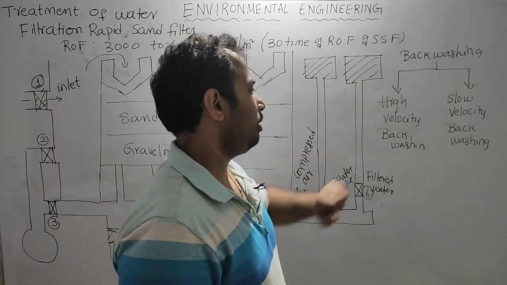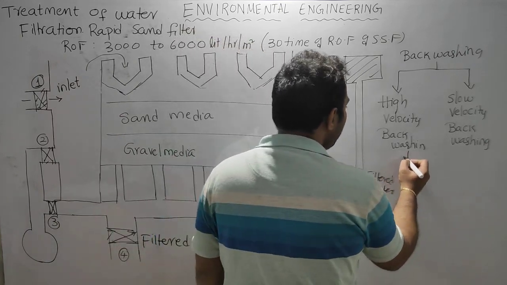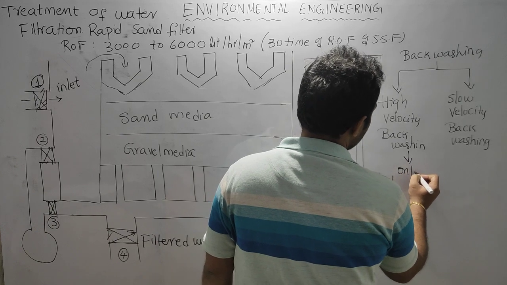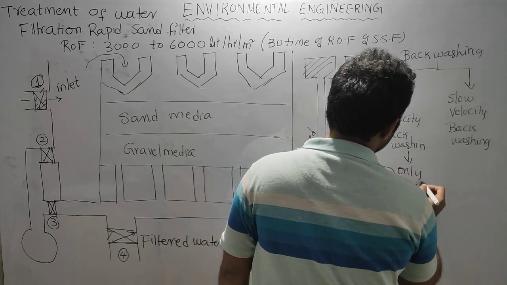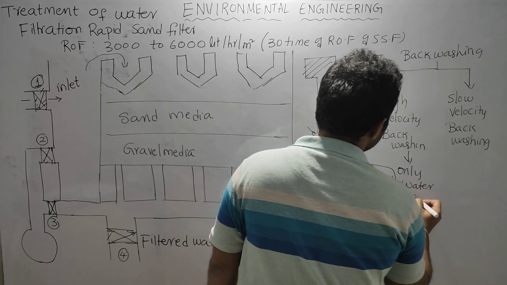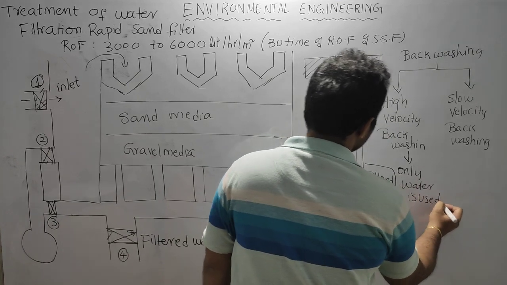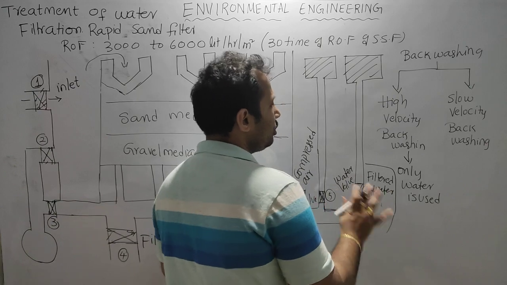In high velocity backwashing, only water is used, so that means only valve number 6 is opened.